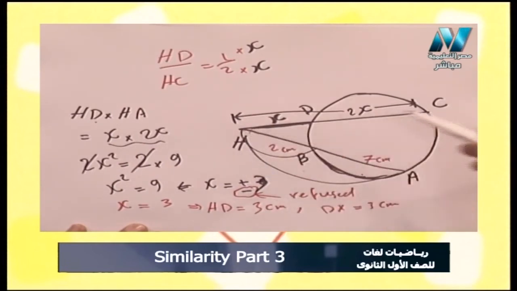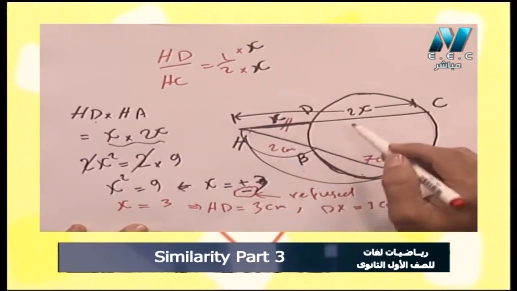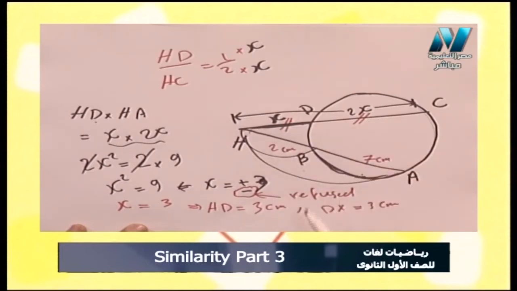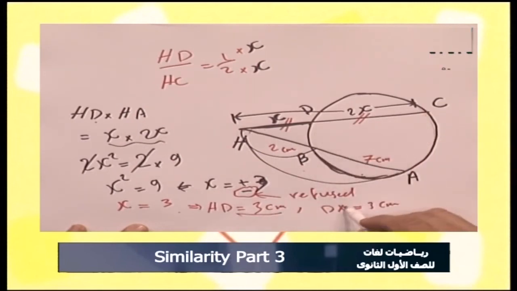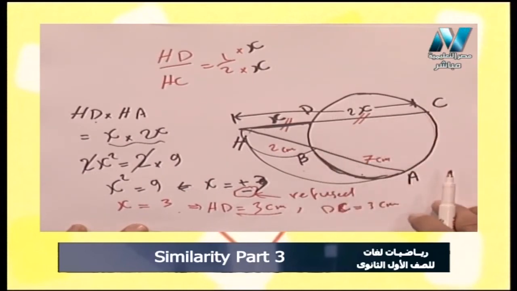Because if HC equals 2x and this part HD equals x, so theoretically both parts will be equal. So HD equals x, which is 3 centimeters, yes, and DC equals 3 centimeters. Okay.